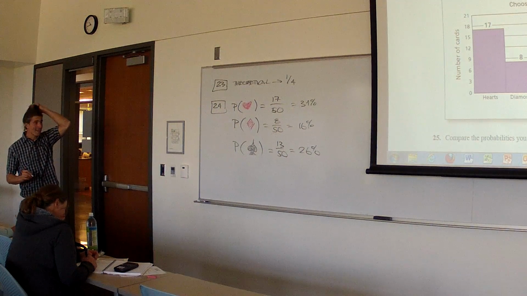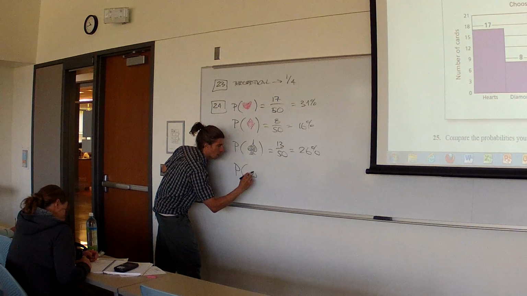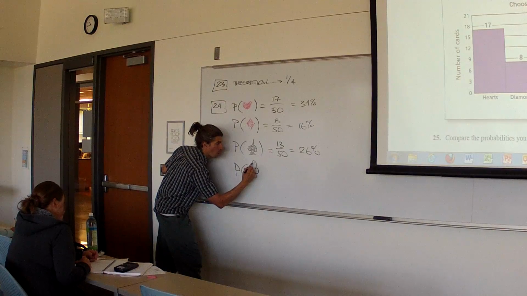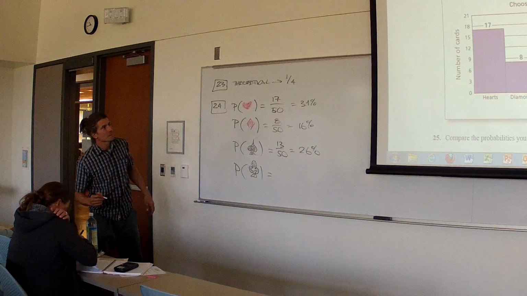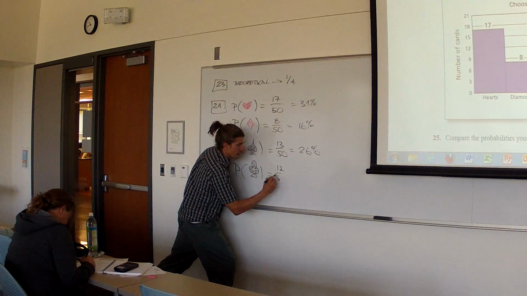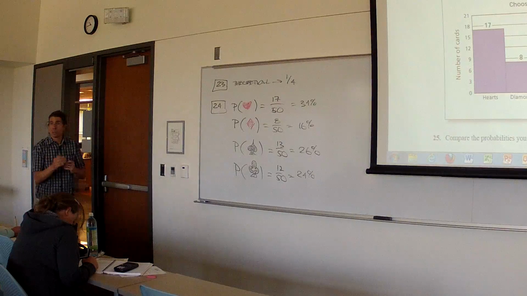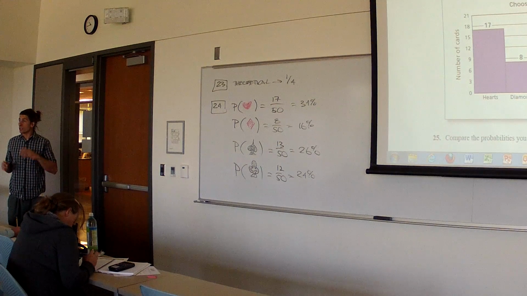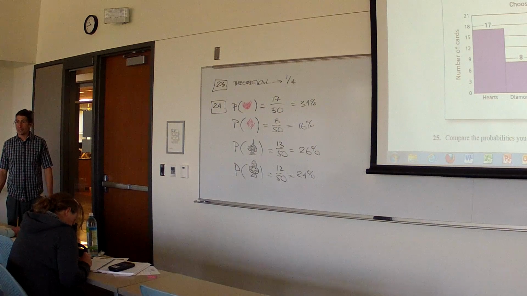And what is finally the probability of clubs? Out of 50, 24%. They sum to 100% because of the 50 outcomes, they're all accounted for. They're all accounted for in that little table.